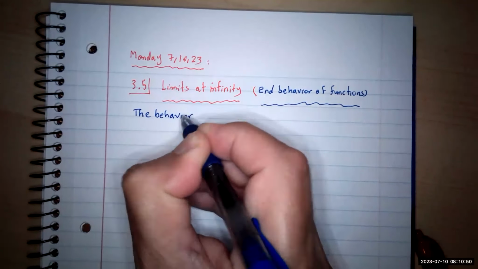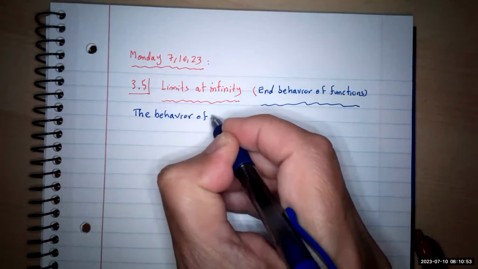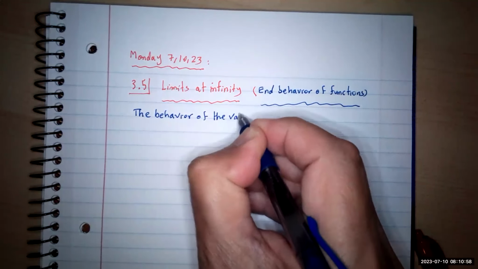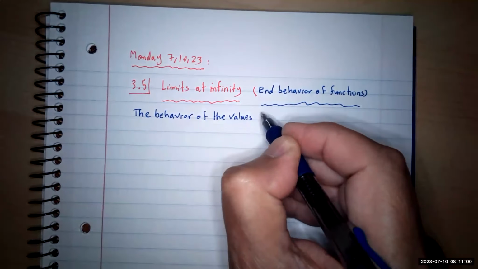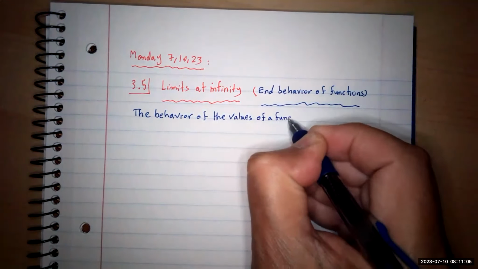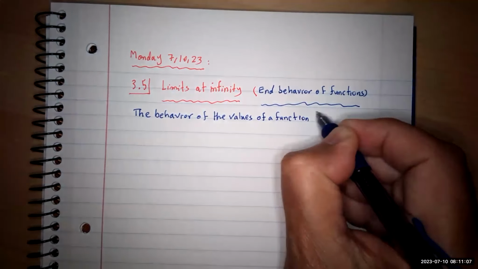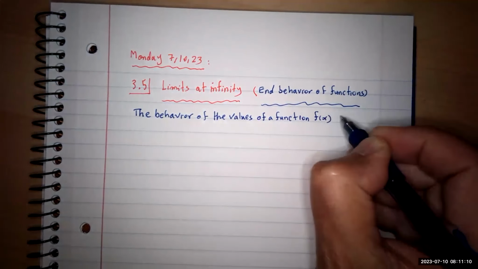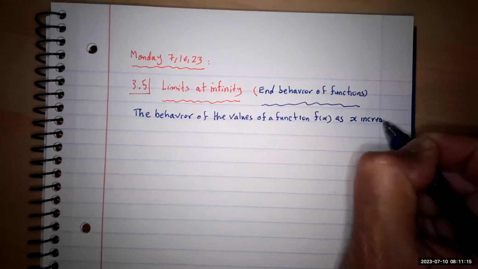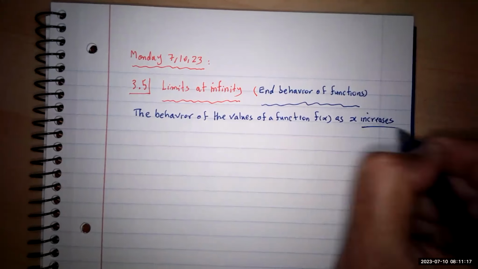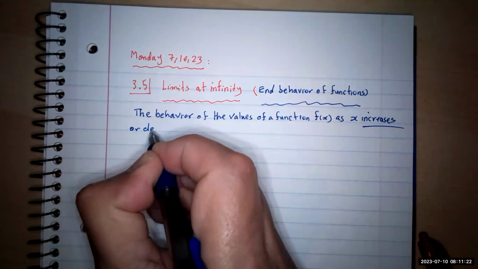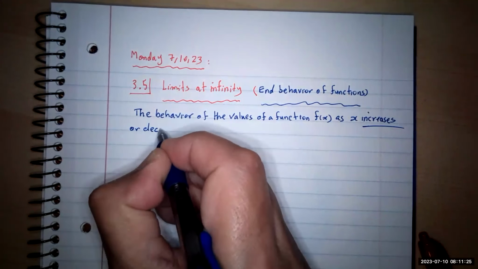The behavior of the values of a function, where the values are f of x, as x increases or decreases, getting bigger and bigger or smaller and smaller.